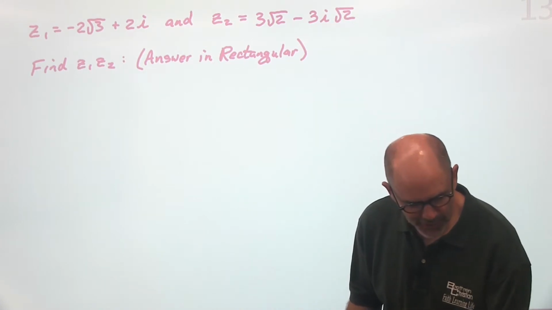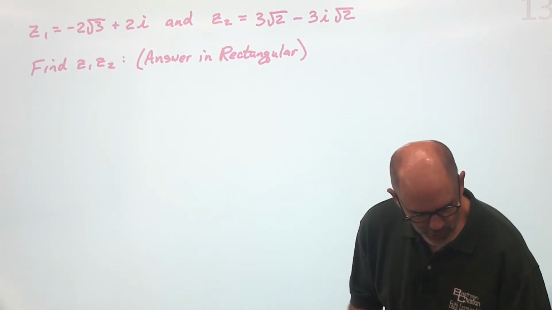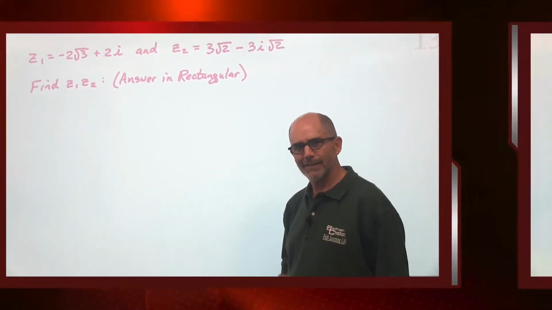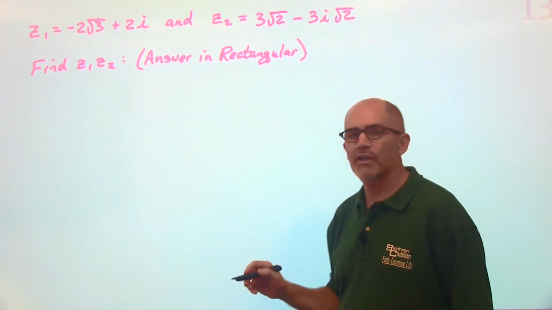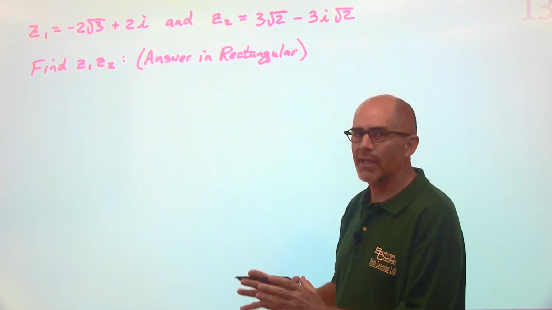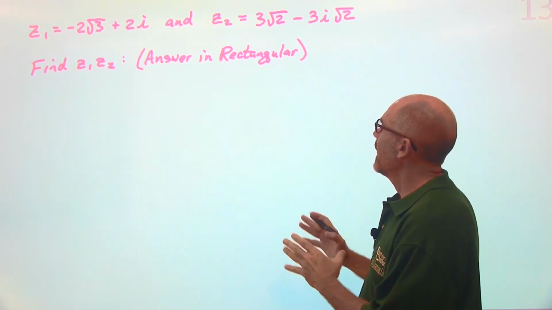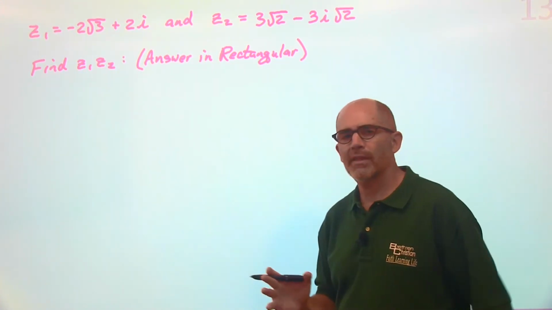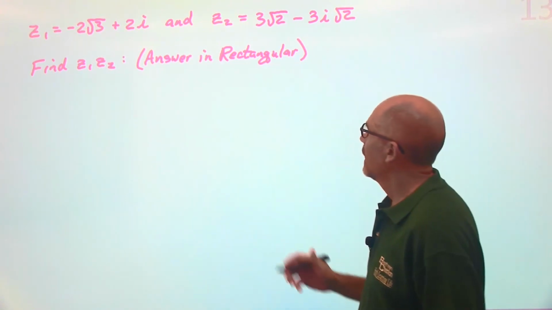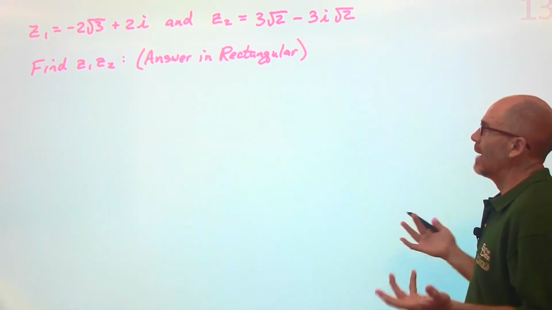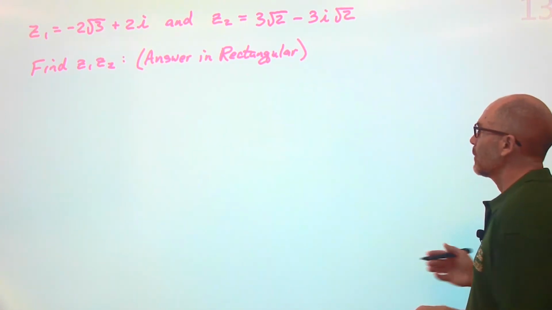Ooh, yeah, that just gives you a little tingle. Okay, so first thing we want to do is change z1 into polar form, change z2 into polar form, and then we'll be able to multiply them easily. So we're good at that now. We're absolute experts at that right now.